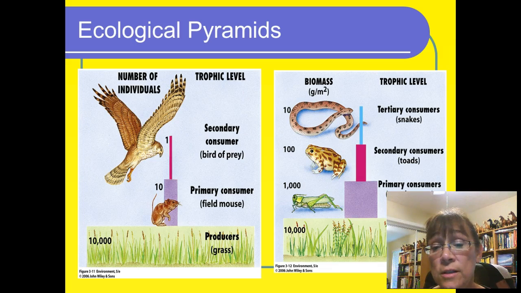Not 1,000 grasshoppers, sorry, but 1,000 grams. So that's weighing the grasshopper. And biomass is devoid of water, so this is actually the dry matter that you're getting here. Then 100 grams of frogs can be fed and 10 grams of snakes.